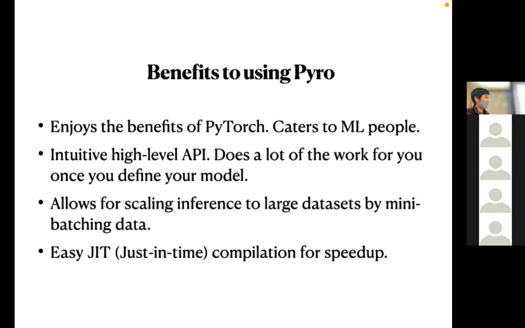This allows for the compilation of your code, so it speeds things up by being able to run machine code directly rather than having to interpret Python the entire time. This is useful when you're training for long periods of time, and typically in Pyro it's just a one-liner to add this feature to your code.